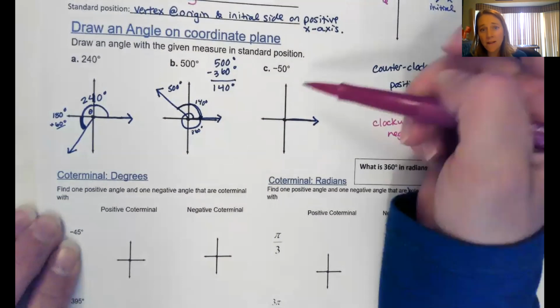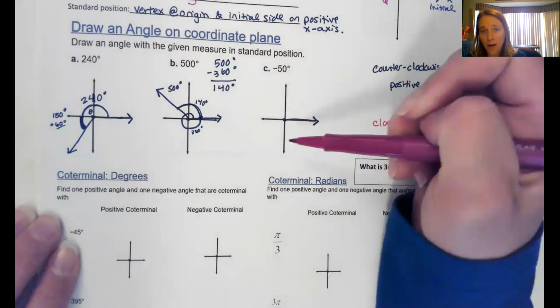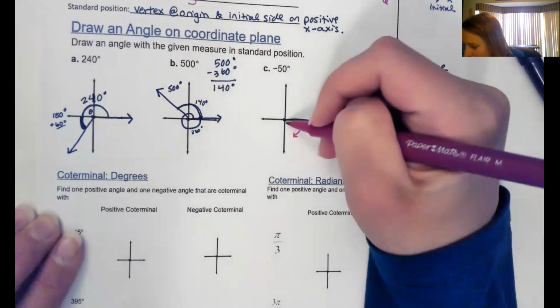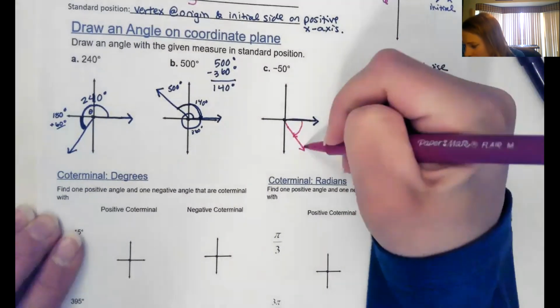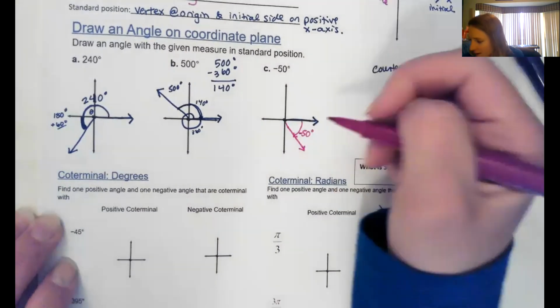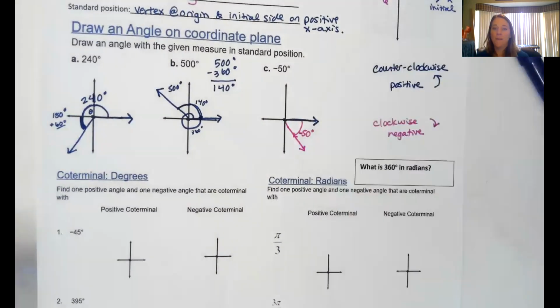So negative 50, well, if I go all the way here, that's 90. So I only want to go about negative 50, and right now I'm just kind of estimating. But I know I'm in the right quadrant. So negative, because I went this way, 50 degrees.